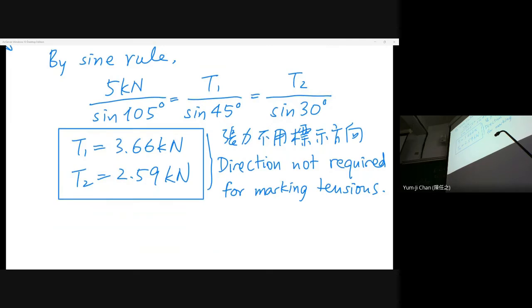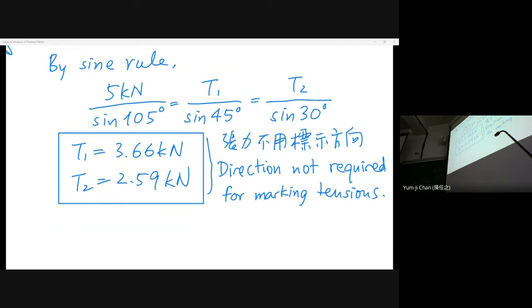This is part A. This is part A, and any problem with this? And of course, if you have a question, you can ask it now.